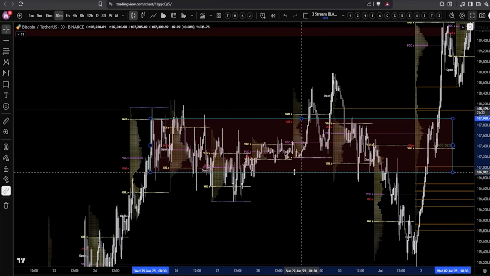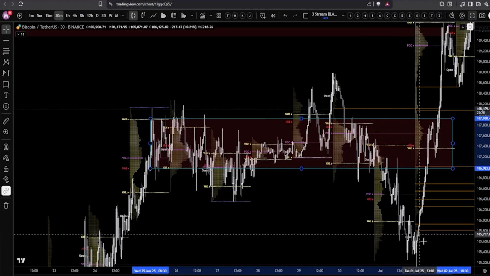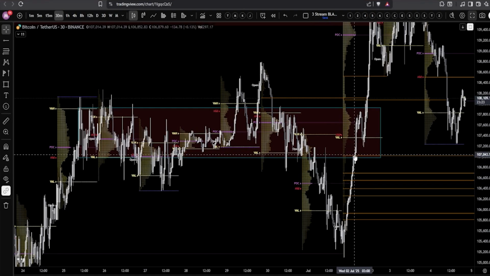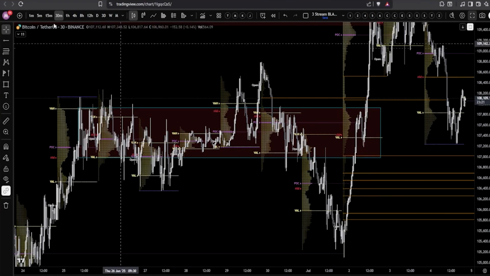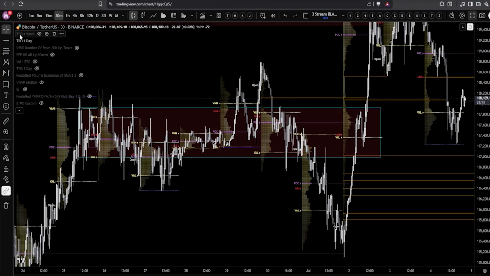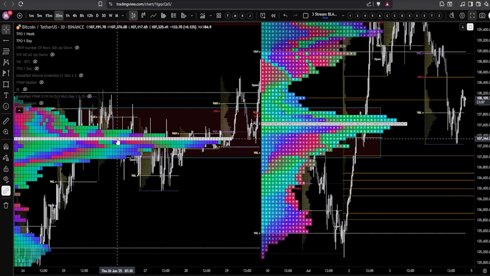But what happened when we broke from that area? Retest, break down. What happened when we came back inside it? Reclaim, trade up. I would dare to guess that this area right here was probably pretty close to where the point of control was. So let's mark it.